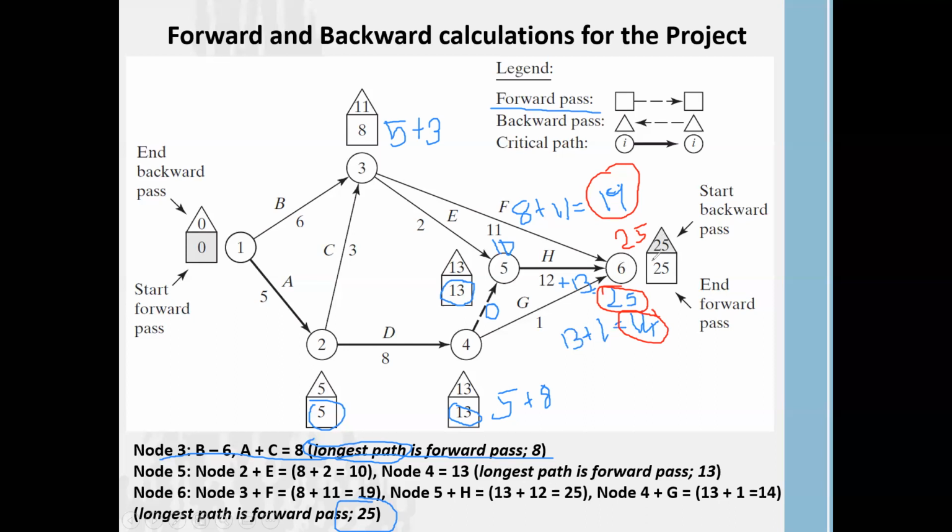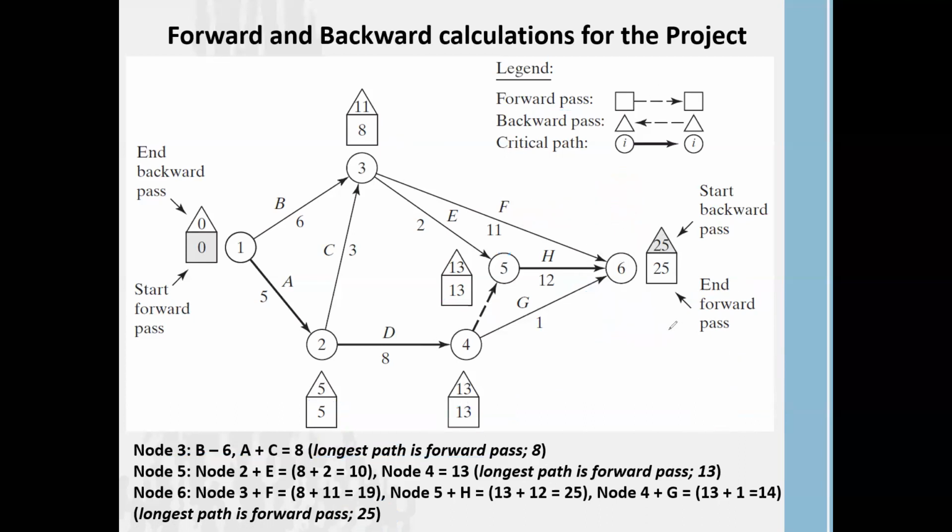That is our longest path. So please remember that first we calculate forward paths to identify our critical path. Forward path means you have to identify the longest path of activities to complete. That is the way of calculating forward paths.